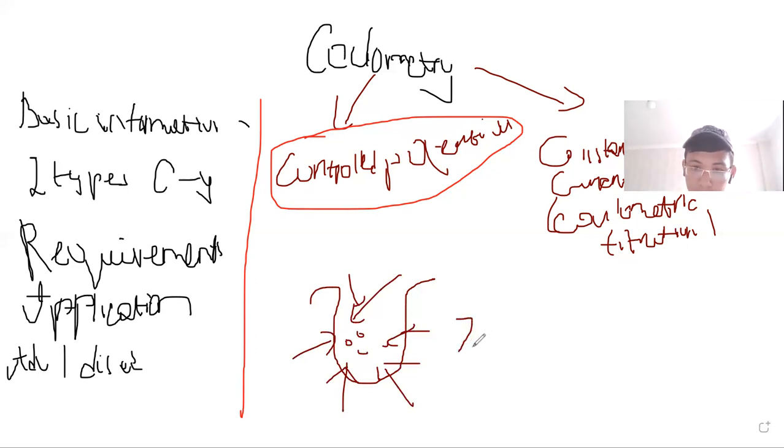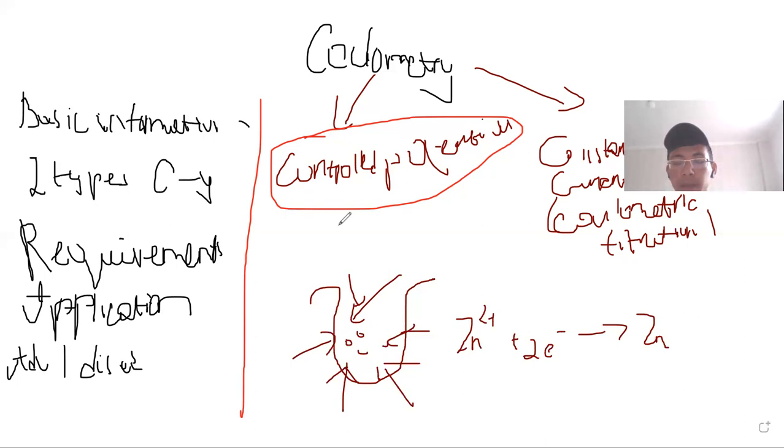Let's think: plus two electrons gives us two. Let's repeat again. Coulometry is an electrolytic method of analysis that is based on measuring the number of electrons used in a chemical reaction. Okay.